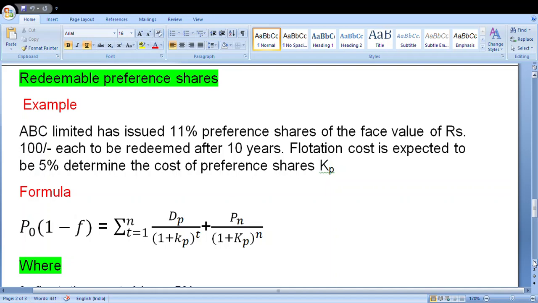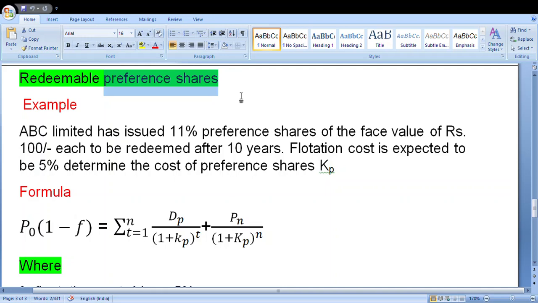Okay, guys. So let's see redeemable preference shares today. We are done with irredeemable preference shares, where only the dividend paid on those preference shares was considered in the calculation of cost of preference shares.